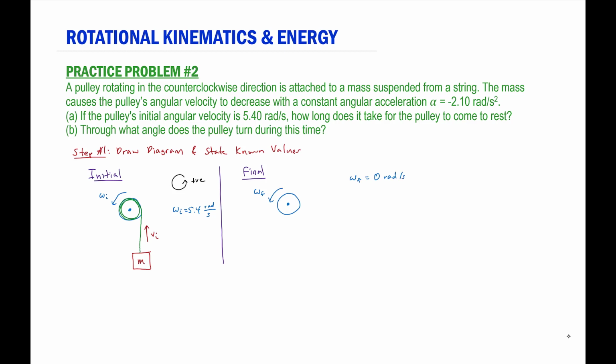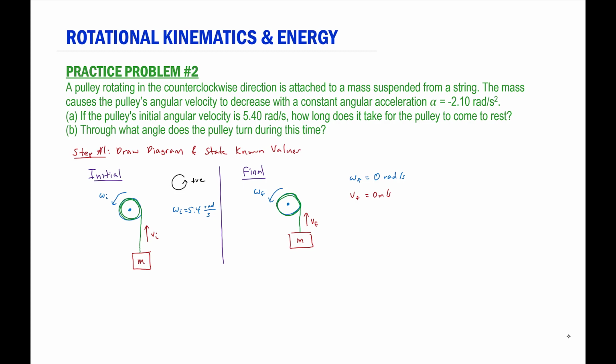What else is there? We do know that we have our string, and the mass has also stopped moving, so its linear velocity is going to be 0. So let's write this down here. Vf is also 0 meters per second.